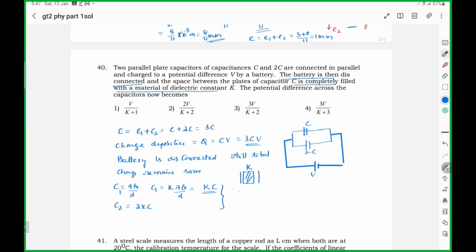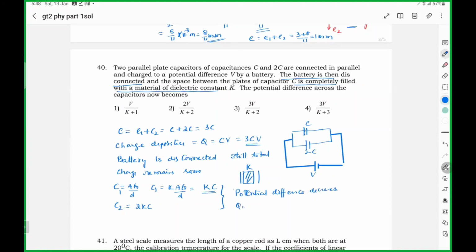So now the potential difference: the charge remains the same, the capacitance increases, so the potential difference decreases.